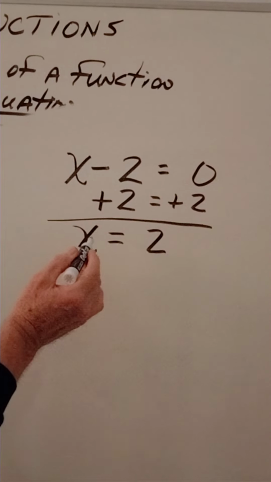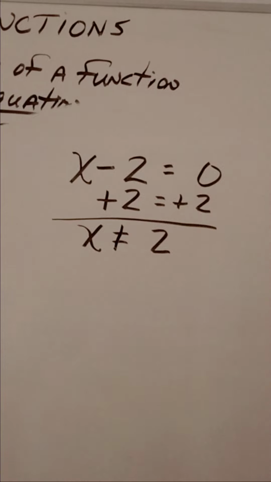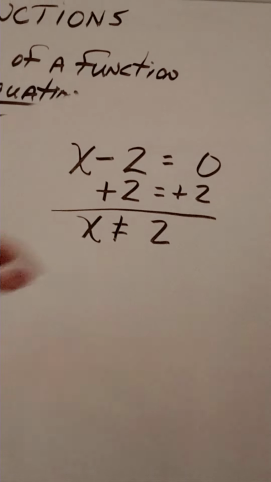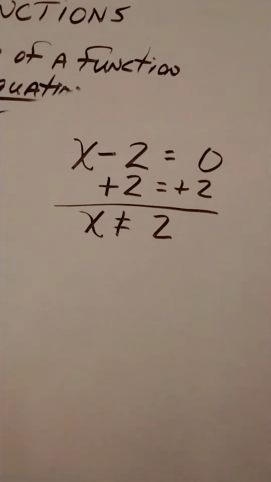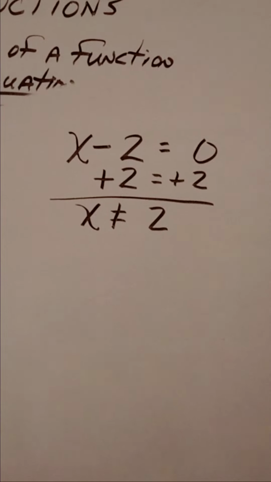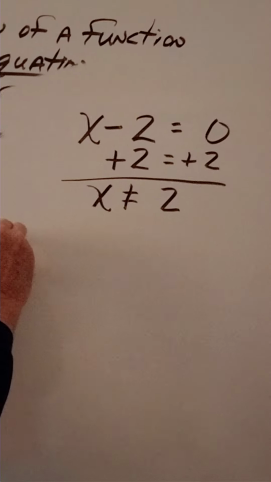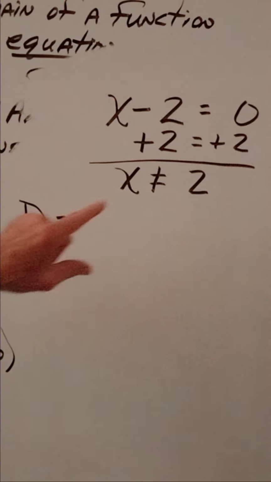Now, to really show to you that it cannot be included, we'll say, hey, x, you cannot be 2. Hey, domain, you cannot include 2. You cannot be 2. So here's how we'll identify the domain for this particular problem.